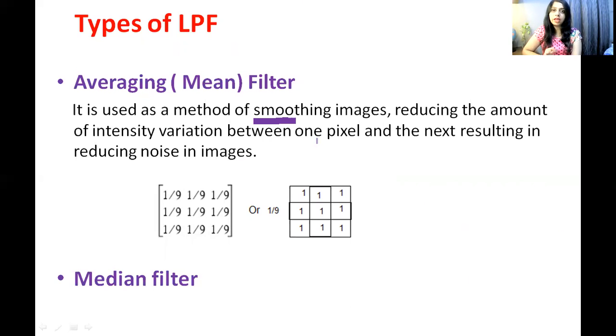So the averaging or mean filter will smooth the image, reduce the noise, and blur the boundaries. There is a fixed mask you can use. This is a 3x3 mask, given as a 3x3 matrix of all ones, divided by 9. The other is the median filter, which we'll learn later.